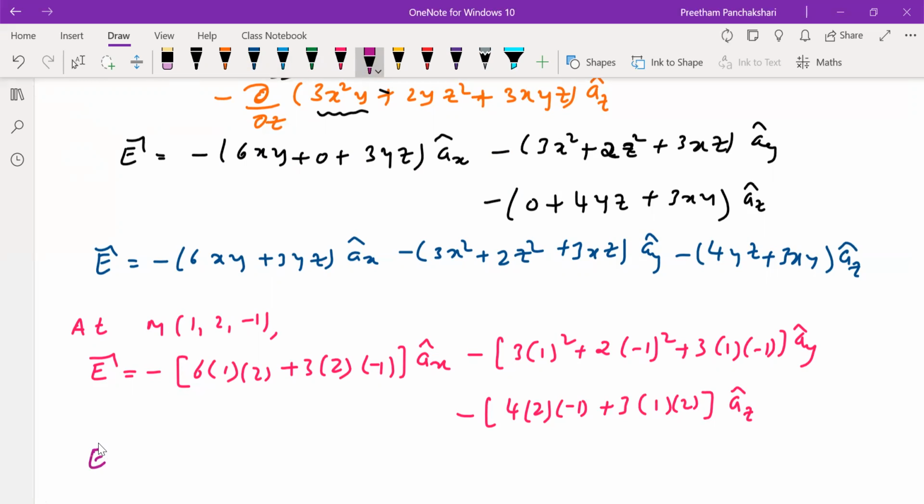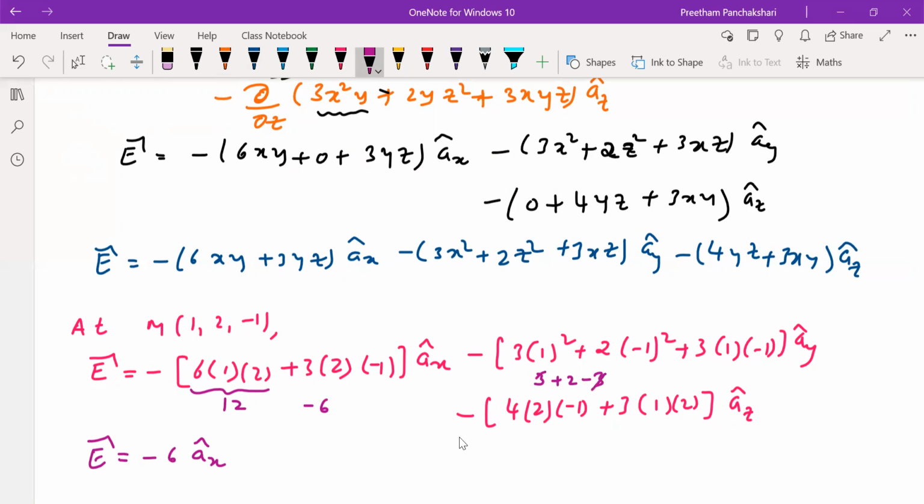So the electric field now reduces to: this term is going to be 12 and this is going to be minus 6. 3 2s are 6, into minus 1, minus 6. So 12 minus 6 is 6. So one more minus is there, so it's going to be minus 6 ax cap. Similarly here, the second one: this is 3 times minus 1 squared, which is plus 3. This is going to be 2 and this is going to be minus 3.